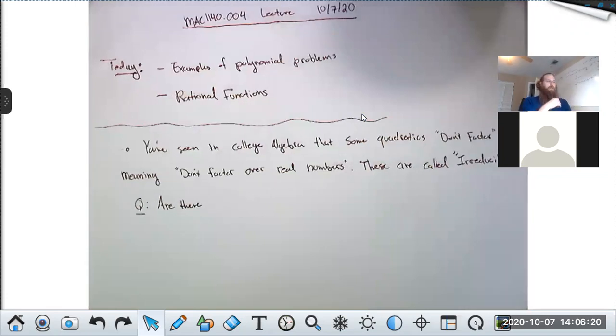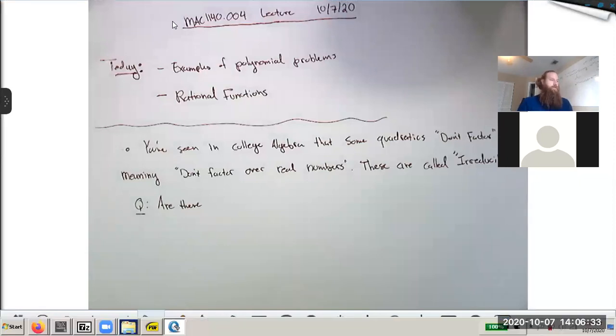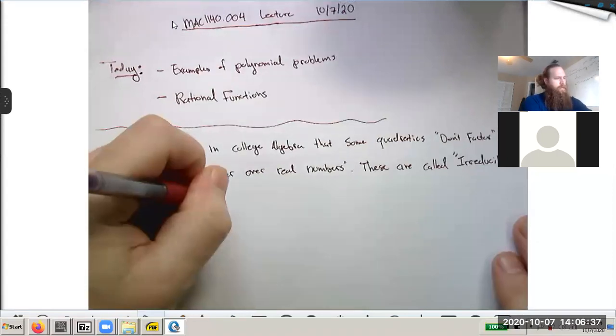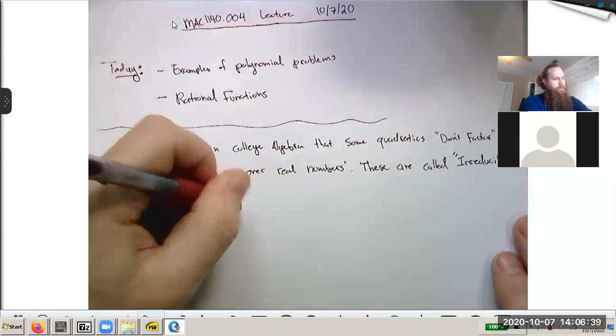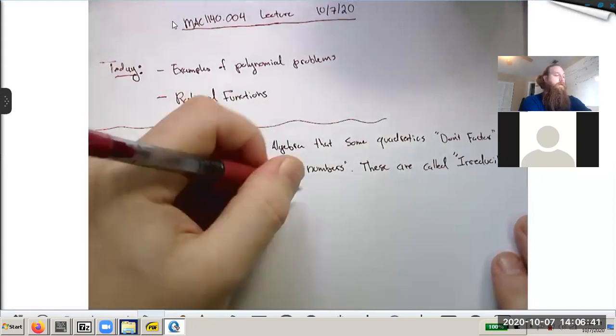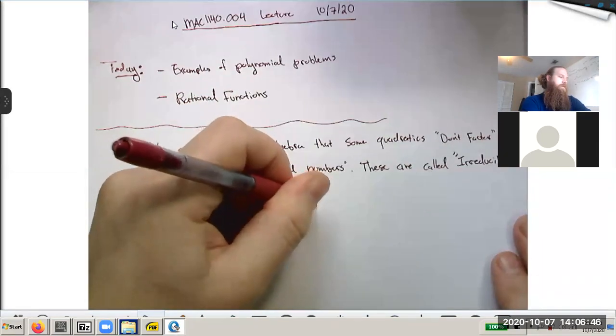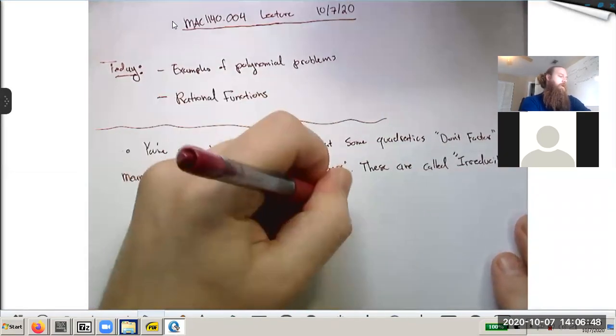So you've seen that some quadratics cannot be factored nicely, cannot be factored over the real numbers. These are called irreducible quadratics. And my first question is, are there irreducible polynomials of higher degree?